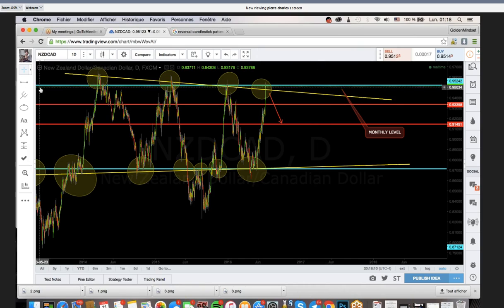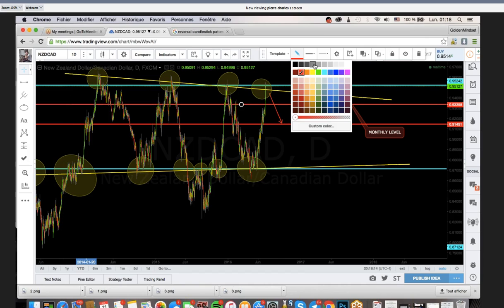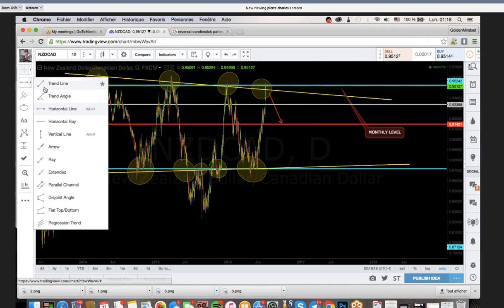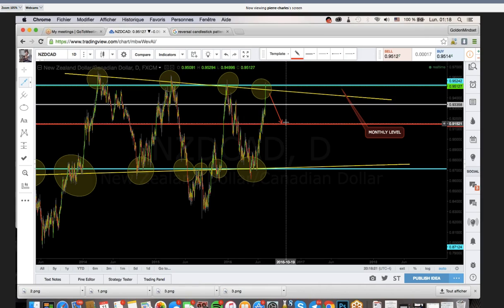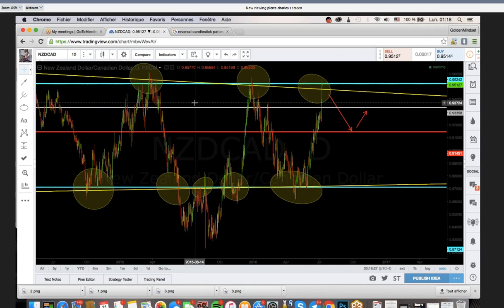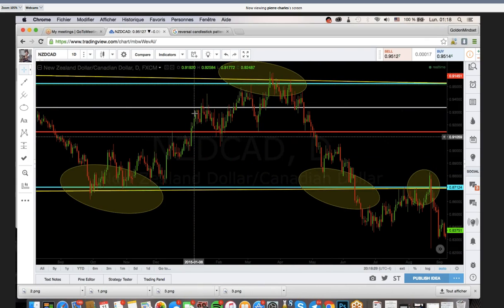So what should happen? I'm going to put it gray, because I like to use the same color for every pair. Then it might retrace there. Look what happened there. Look in the past.